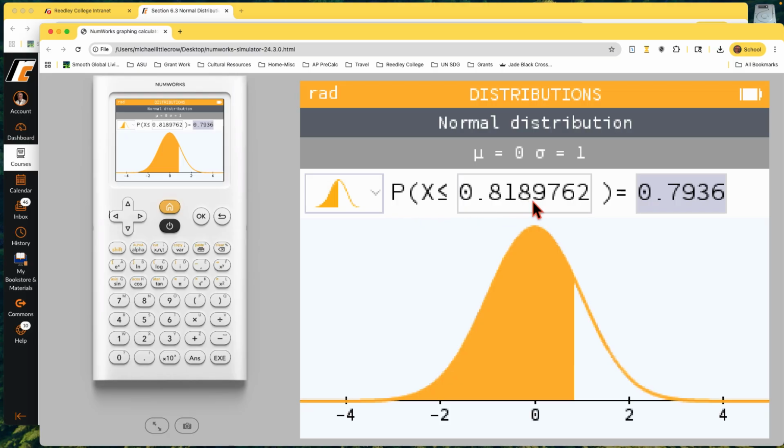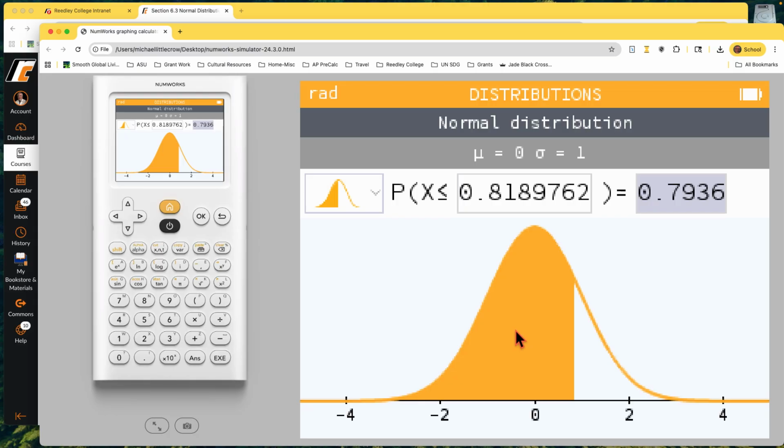This 0.8189 is referring to the location down here. It's referring to a z-score, or as we're going to see in the next few, it would be a data value. This 0.7936 is actually a percentage, 79%. It's the area under the curve.